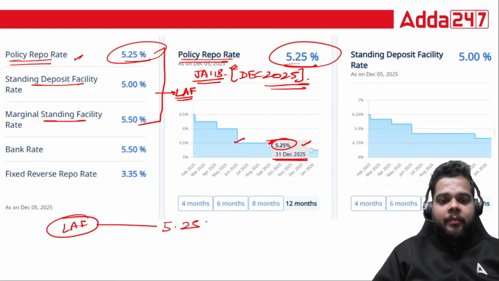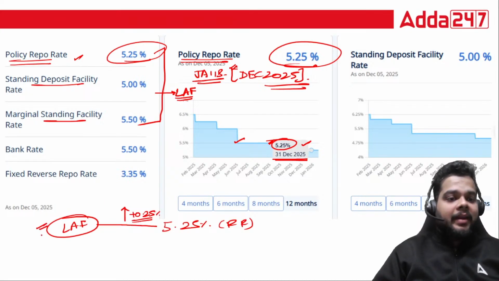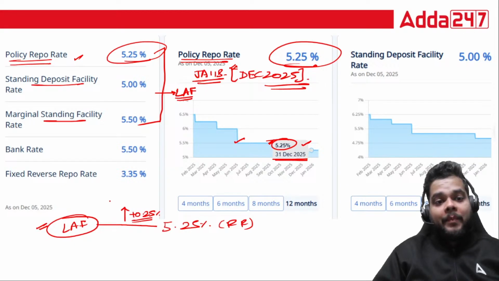Right now, it is 5.25. Now, just add 0.25. Adding 0.25, or for that matter 25 basis points, you will get the upper band of this liquidity adjustment, and that will be your MSF, marginal standing facility.